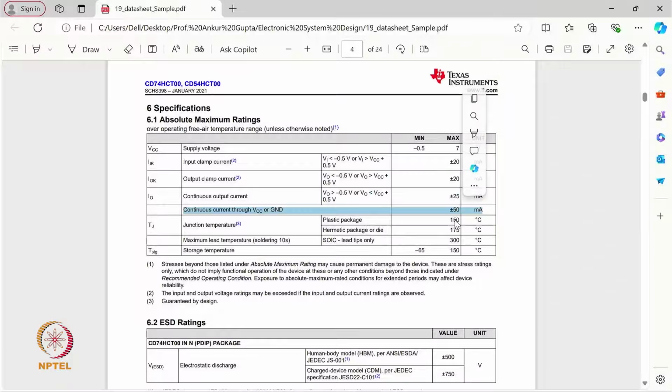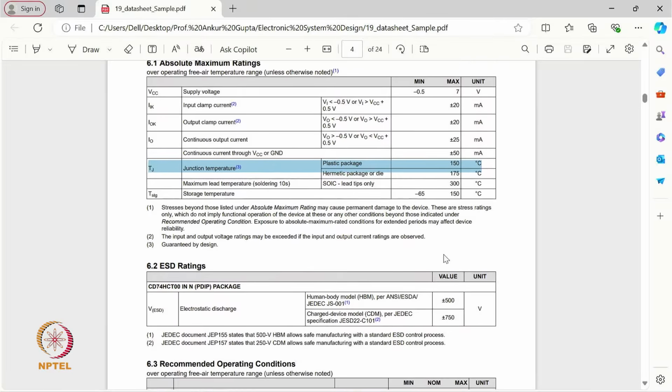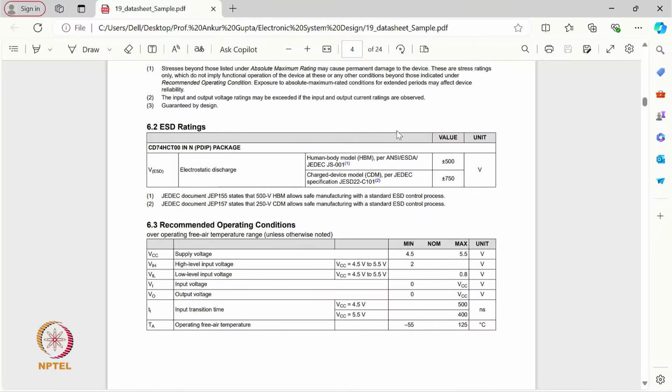Junction temperature depends upon the package you are using, plastic package, hermetic package or die. The maximum temperature is 150 degrees centigrade. You should not increase this temperature. Storage temperature is also specified, between -65 and 150 degrees. Then there is an ESD rating.